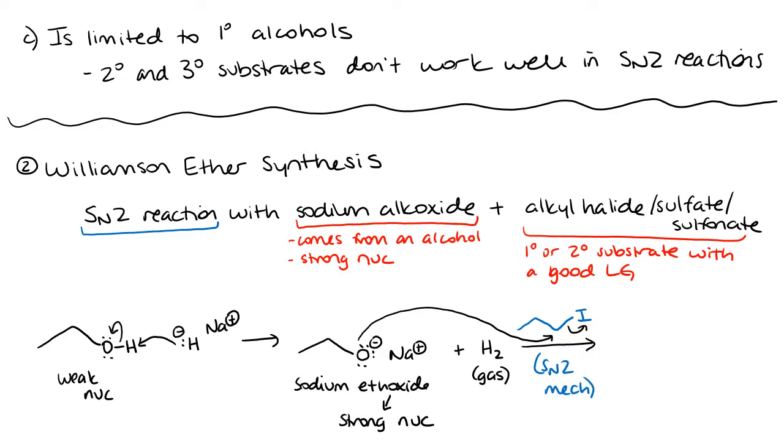And this is one way that we can create an unsymmetrical ether. So we have a 2-carbon chain and a 3-carbon chain here. So step 1 is first forming that sodium ethoxide, the strong nucleophile, and step 2 is reacting it with a substrate that contains a good leaving group.